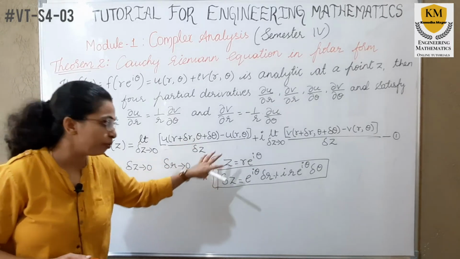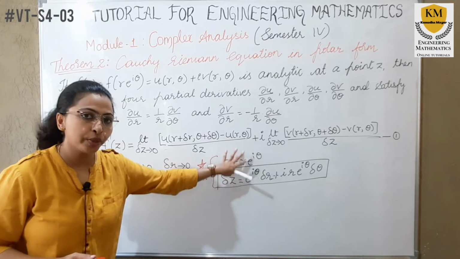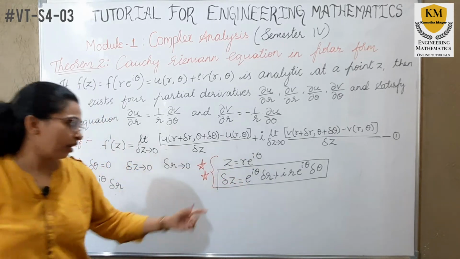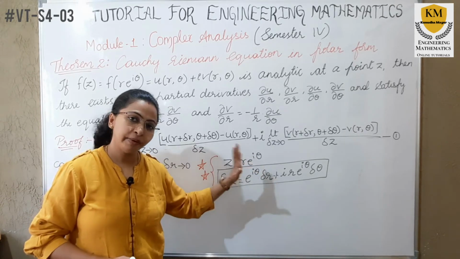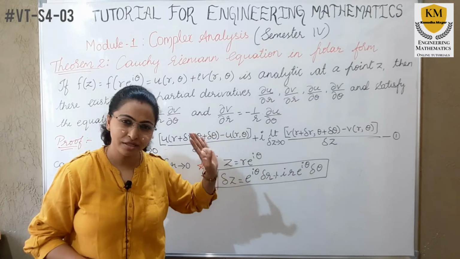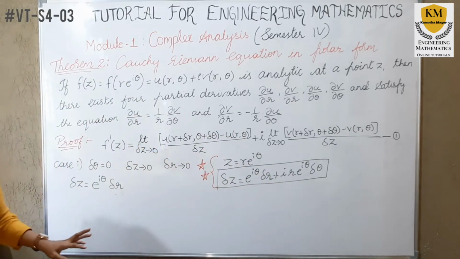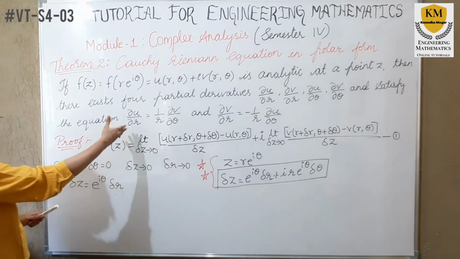Before you proceed to the next, you should be thorough with this. I am doing nothing special here. I have considered the standard function z is equal to r into e to the power i theta, and I am just differentiating partially with respect to r and theta. That's it. Nothing else. Further, we can substitute this back into equation number 1.